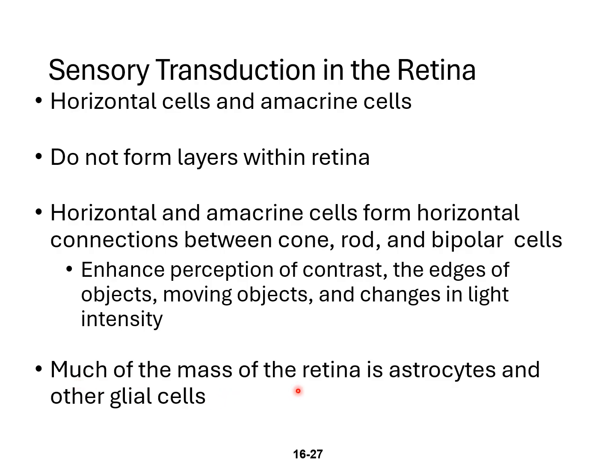So much of the mass of the retina is in the astrocytes and other glial cells. All of these types of astrocytes or glial cells are just helpers. They assist with blood flow, and also try to make sure that the retina itself, and not just the retina but the inside of the eye with the vitreous body, is kept away from the immune system of the body.